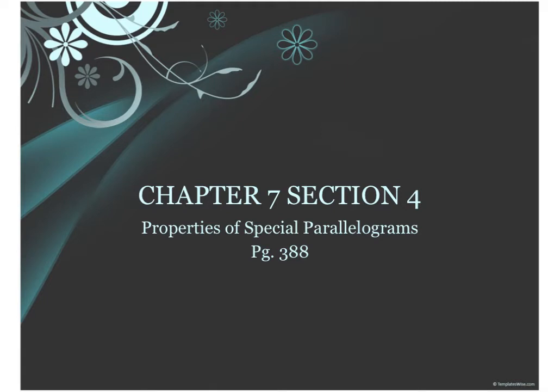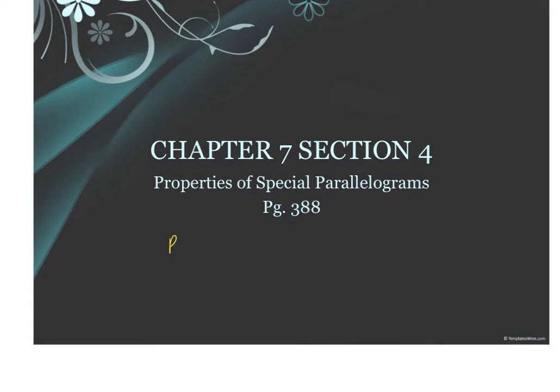Chapter 7, Section 4, Properties of Special Parallelograms. Go ahead and just put in here that we're talking about rhombuses, rectangles, and squares. Okay? Rhombus, rectangle, and a square.